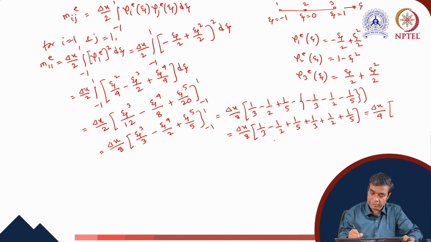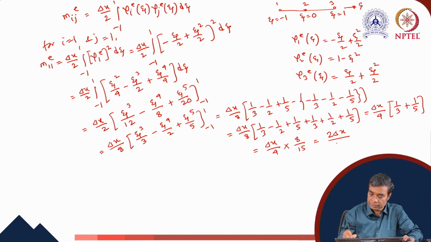We have 1 by 3 two times and 1 by 5 two times, so we can make it Δx by 4 into 1/3 plus 1/5. So this gives us Δx by 4 into 8 by 15 equals 2Δx by 15. So we have calculated the first term of this matrix. This comes as 2Δx by 15.